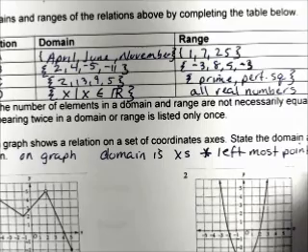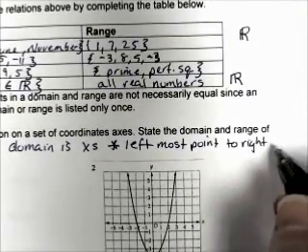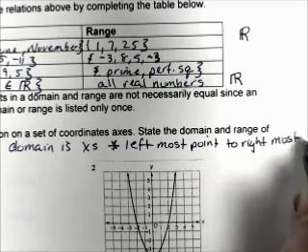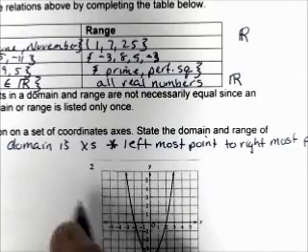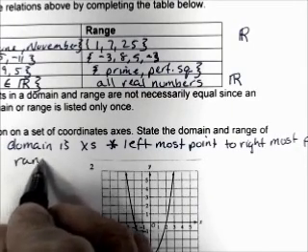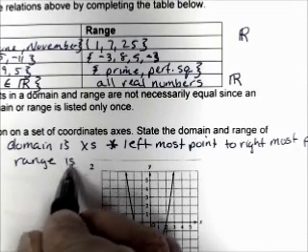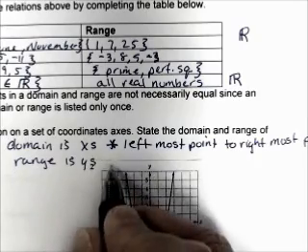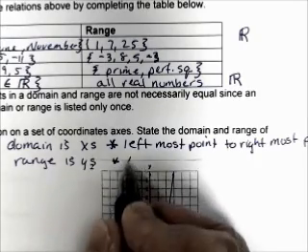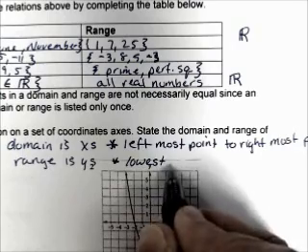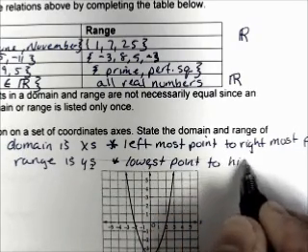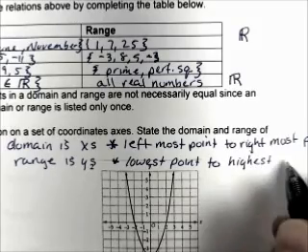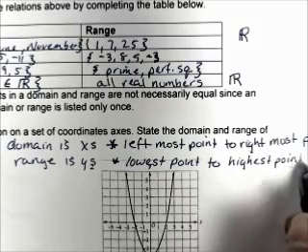Leftmost point to rightmost point. And when you're looking for the range, your range is your set of y's. And that would be your lowest point to highest point. And sometimes there might be breaks in between the lowest and highest point.